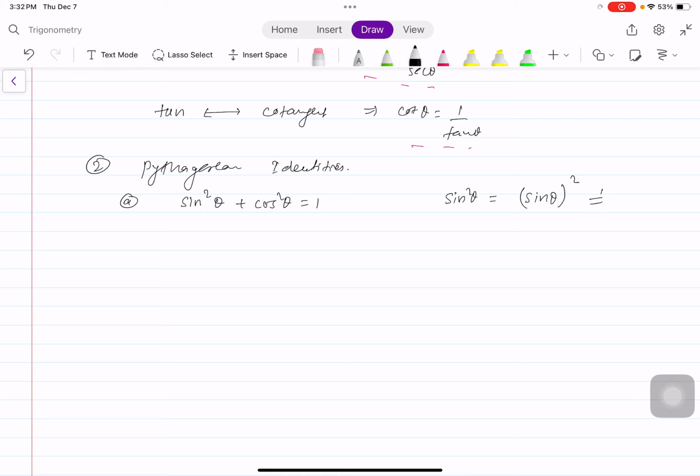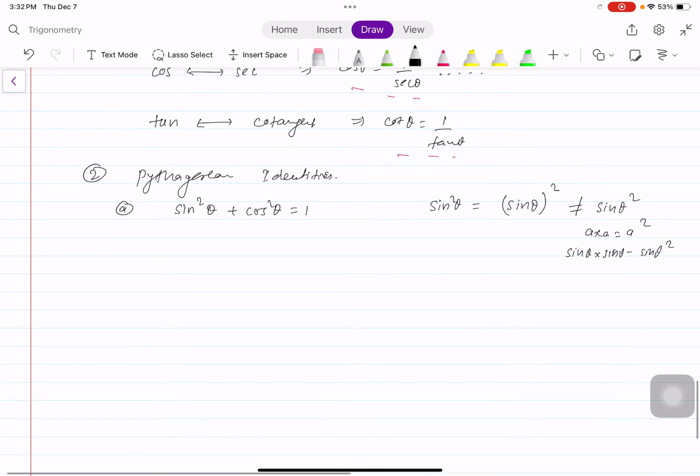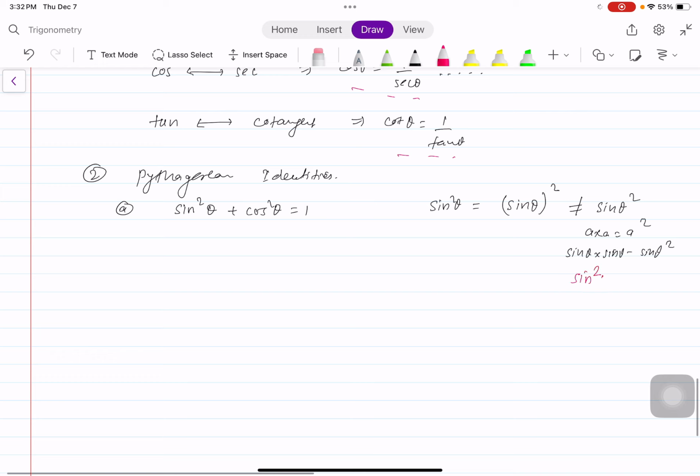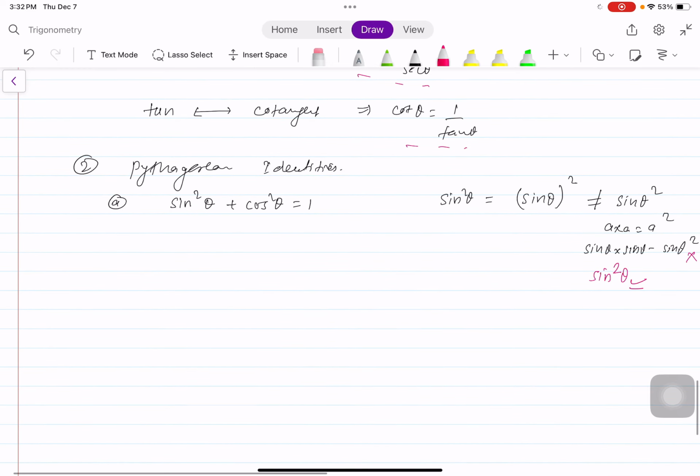In algebra, a times a is a square, but here sine theta times sine theta is not written as sine theta square. We write the square in this fashion, sine square theta. This is correct, this is incorrect. Please keep this in mind.